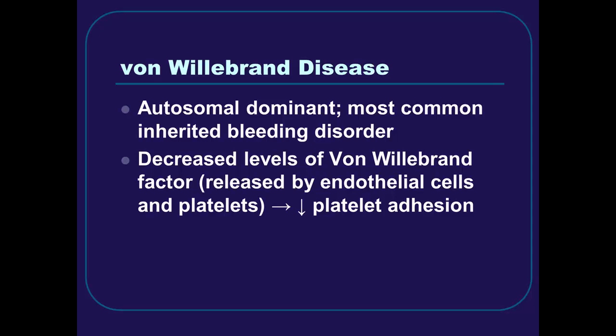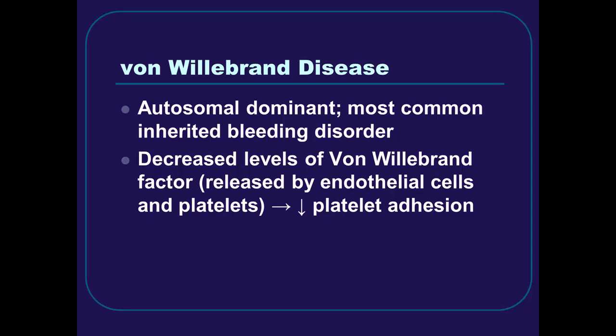Now let's talk about von Willebrand disease. Von Willebrand disease in some books and in some articles is classified as a hemophilia, although it's very different than the ones we just talked about.